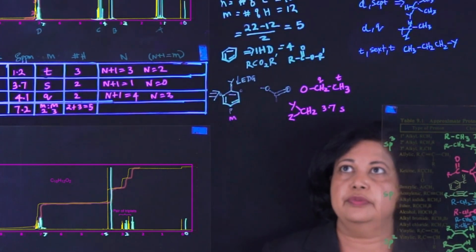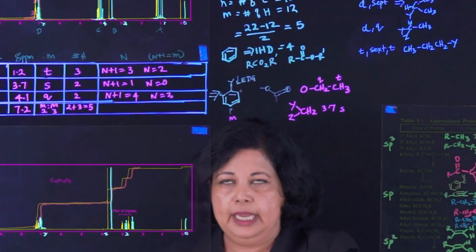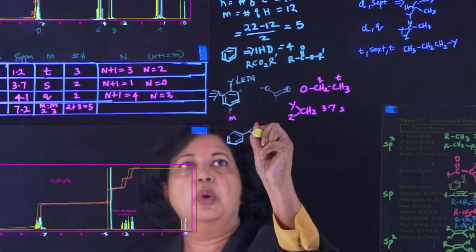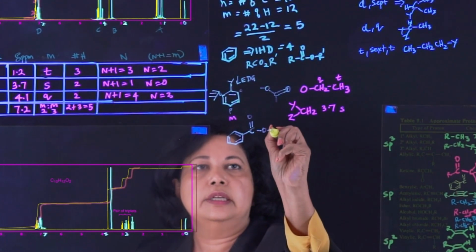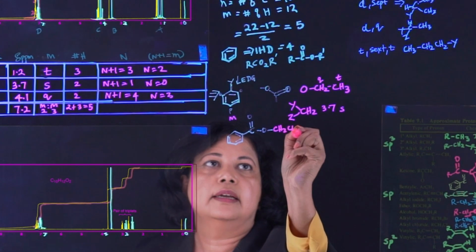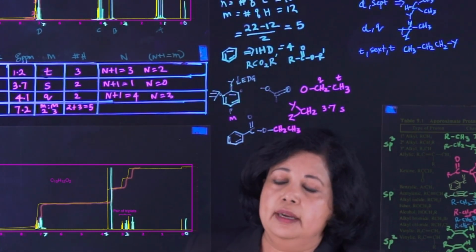Let's put a structure together considering all of these. So we know we have a benzene. If it's an ester, the O has to be next to a carbonyl. And here's your CH2, CH3. Is this correct? Obviously, we haven't accounted for the singlet. Where can we put the singlet?